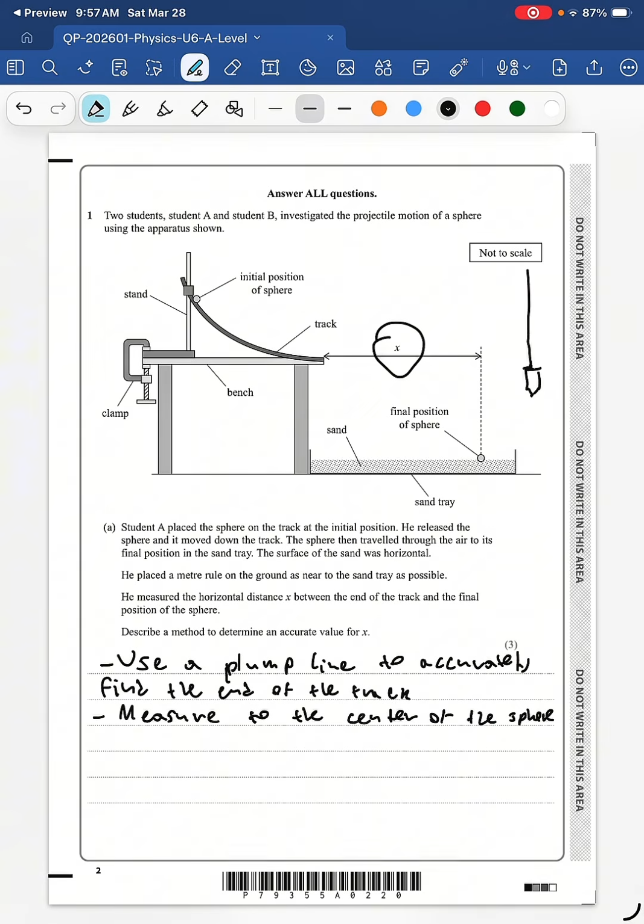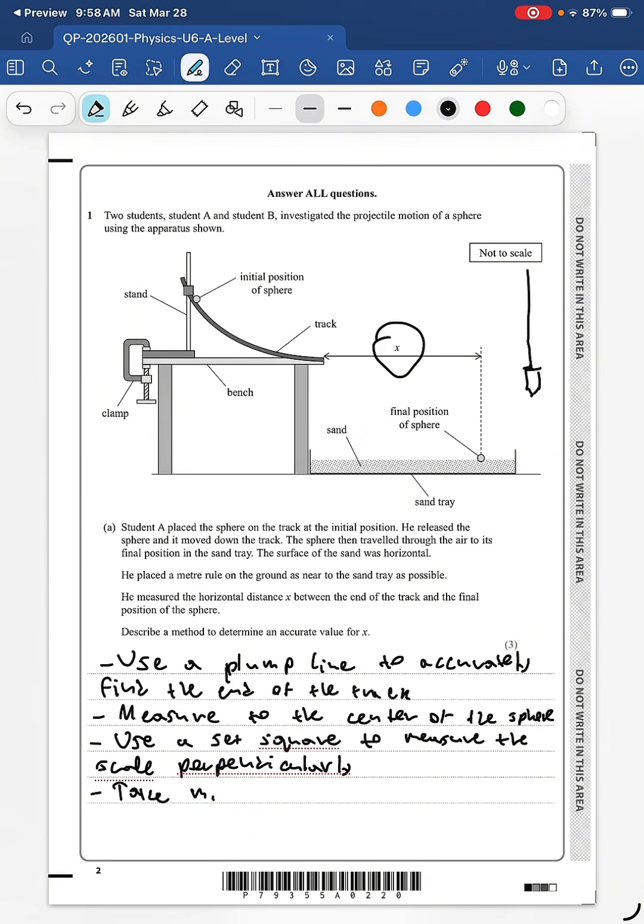Use a set square to measure the scale perpendicularly. And finally, take many measurements as usual.